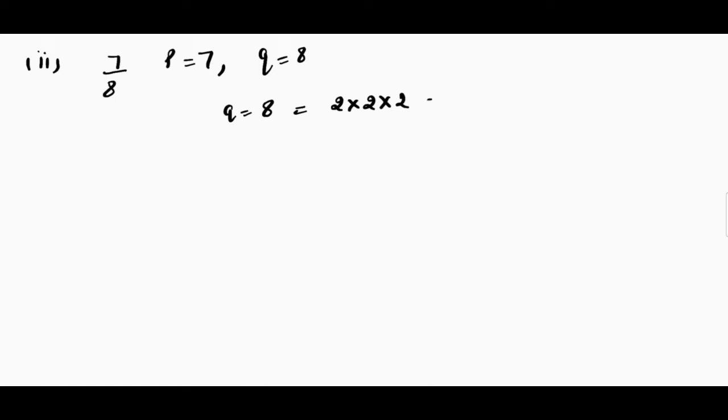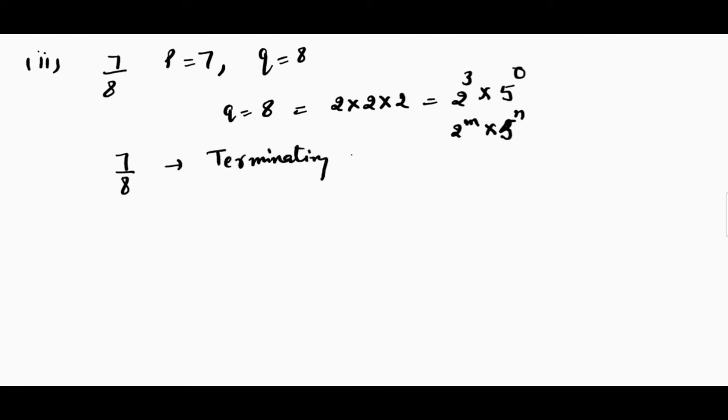So we can write this as 2 raised to power 3 multiply by 5 raised to power 0. So it means we are able to write this as 2 raised to power m into 5 raised to power n. So this is also a terminating decimal.